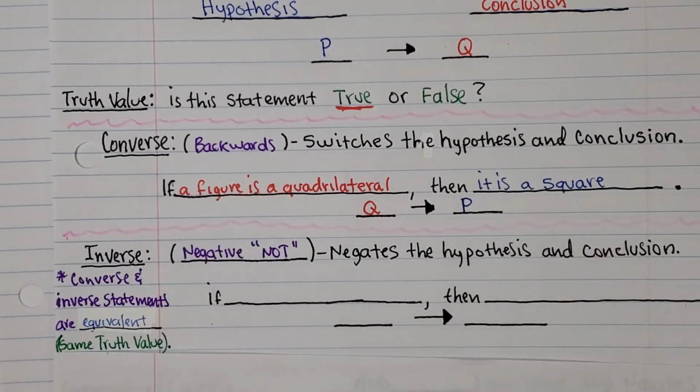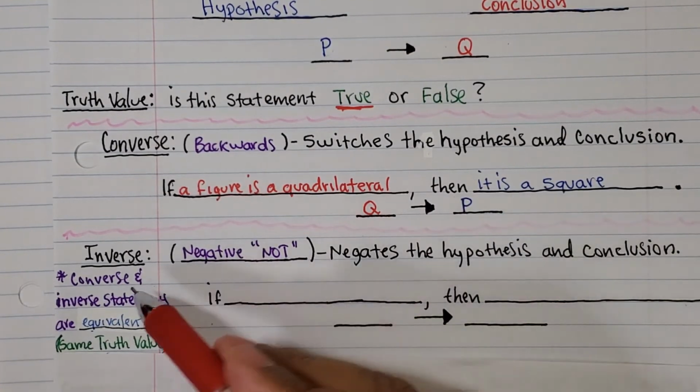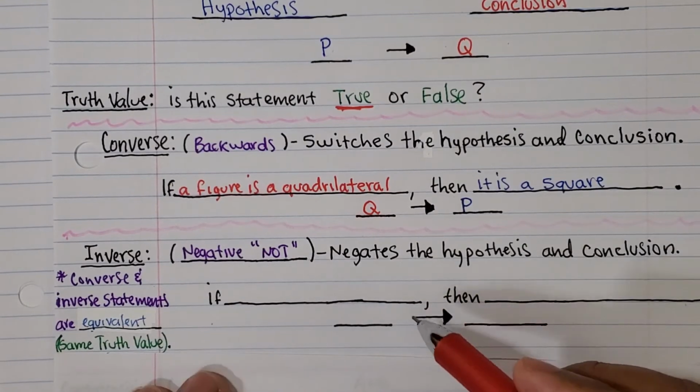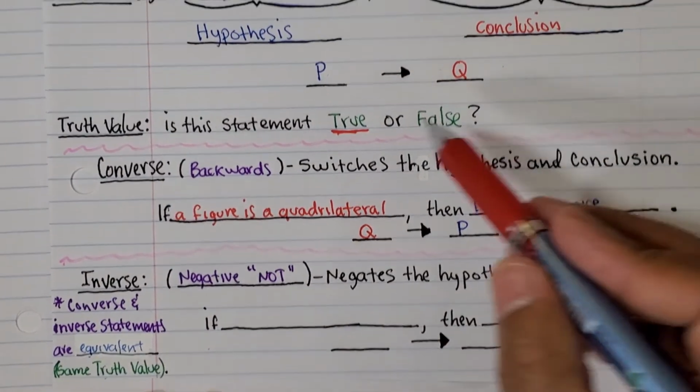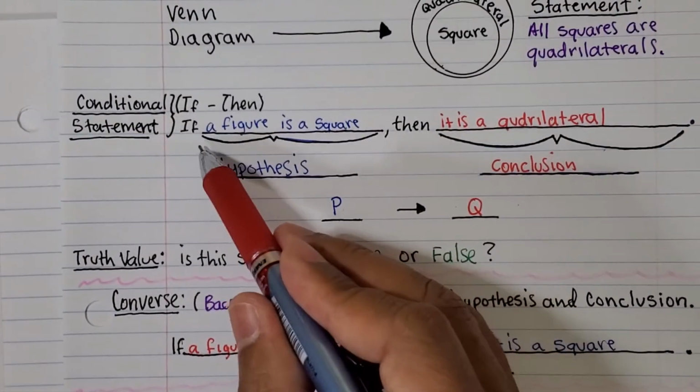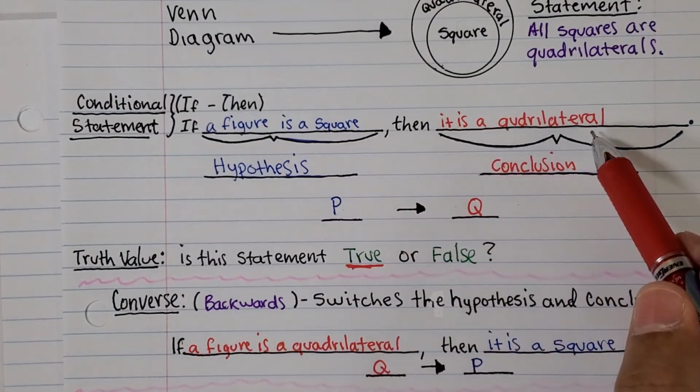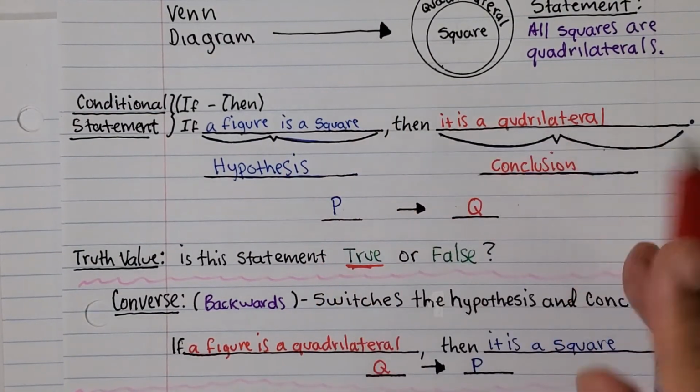So then all I have to do in this case to negate the hypothesis and conclusion is go back to the original conditional statement. So if a figure is a square, then it is a quadrilateral. I have to negate this one and this one here.